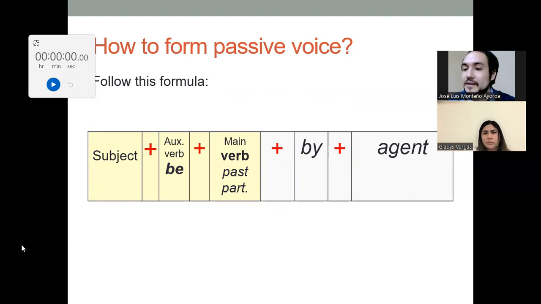Brazil created a new vaccine for COVID. Can you repeat that, please? Yes, Brazil created a new vaccine for COVID. A new vaccine was created by Brazil.